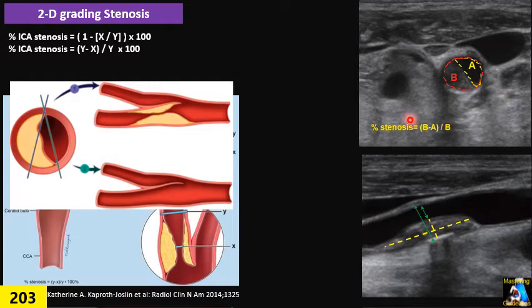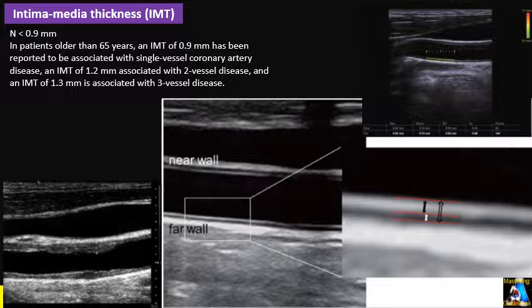of the stenosis. Another evaluation in 2D for carotid ultrasound is measuring Intima-media thickness or IMT.